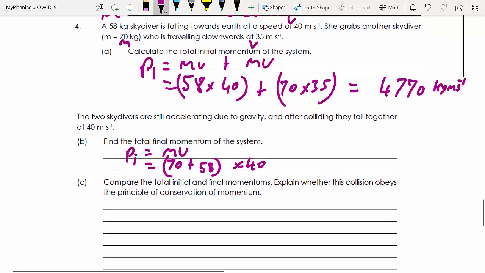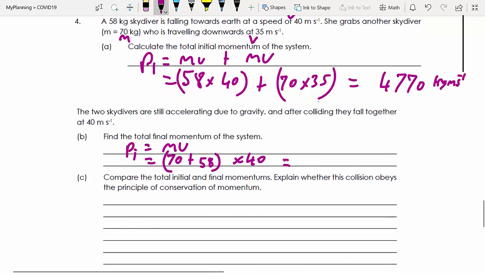I thought I made a mistake in the previous question, but no, good. So we're going to go 70 plus 58 in brackets times 40, and that's going to give us an answer of 5120 kg m s minus 1.